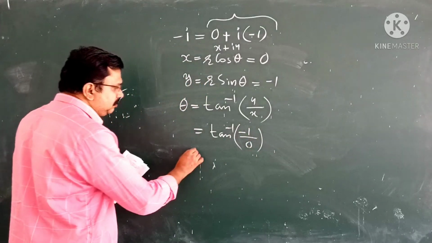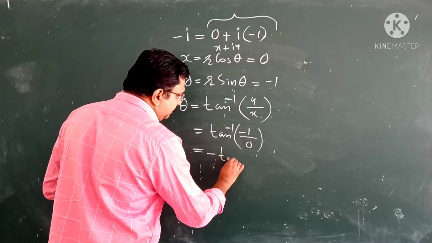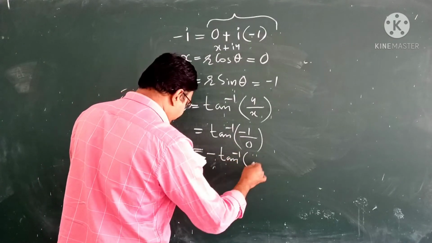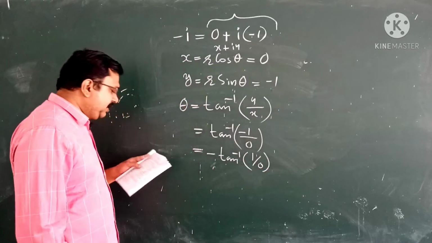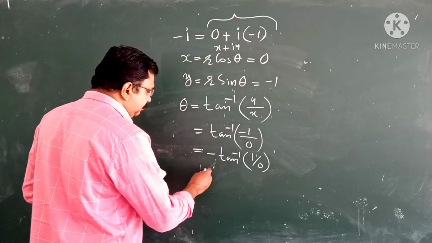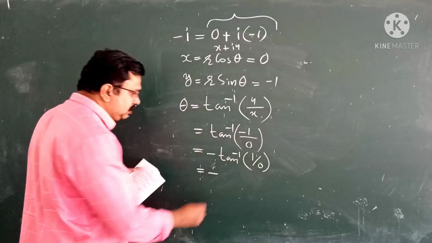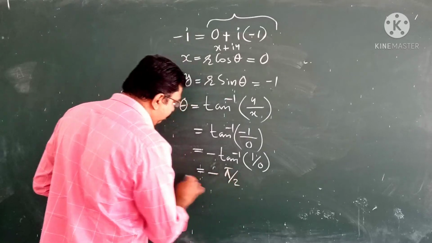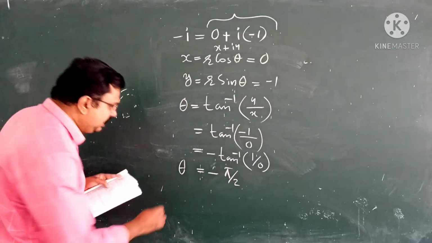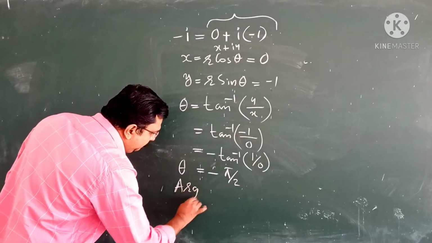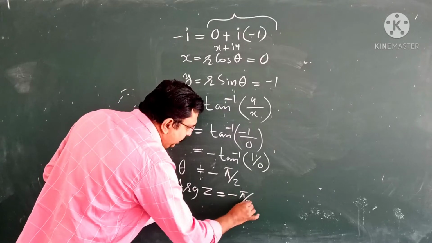The minus can be taken out, giving minus tan inverse of 1 by 0, and tan inverse of 1 by 0 is pi by 2. Therefore, theta equals minus pi by 2, that is, the argument of z is minus pi by 2.